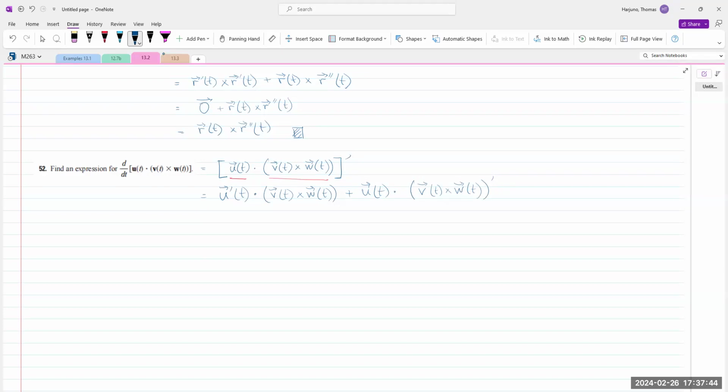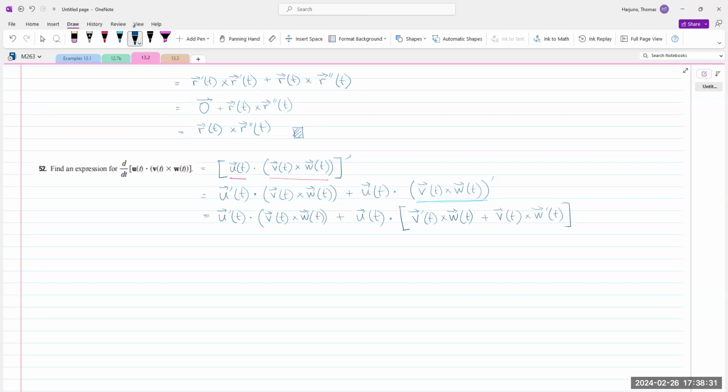Right? Now, the first term is already okay, so I will just copy paste that. But then for the second part here, I need to do the derivative of the cross product. So that is u(t) dot (phi'(t) cross w(t) plus phi(t) cross w'(t)).